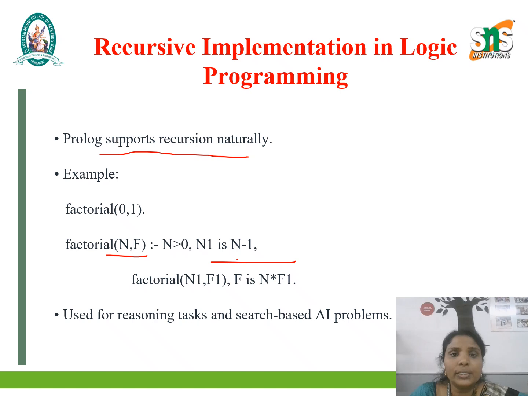The second rule is the recursive case, which defines the factorial of N in terms of the factorial of N minus 1. Prolog uses recursion for reasoning tasks and search-based AI problems such as path finding, family relationships, and logical inference, where each step depends on the result of smaller similar subproblems. This makes recursion a fundamental tool for problem solving in AI using Prolog.